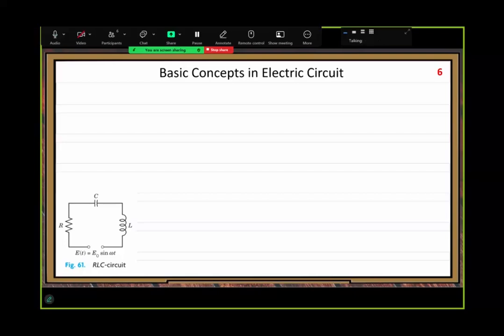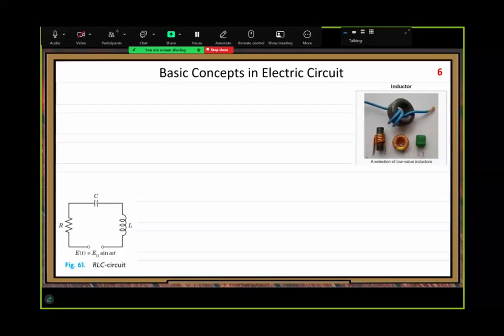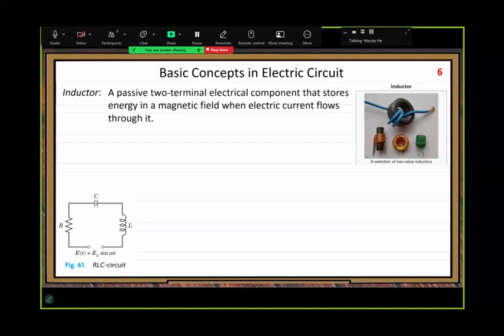All right. The first concept, inductor. A very important device in electric circuits. An inductor is a passive two-terminal electrical component. Passive, it consumes electric energy.